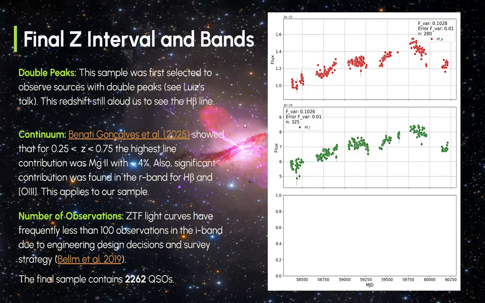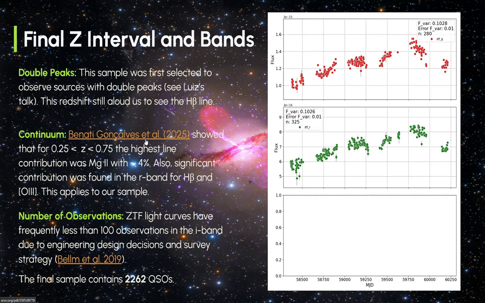So this sample was first selected to observe double-peaked sources. You can check Luis Sanchez's talk from this very same event if you want to. And this redshift interval allows us to still see the H-beta emission line, which is important for studying double peaks.